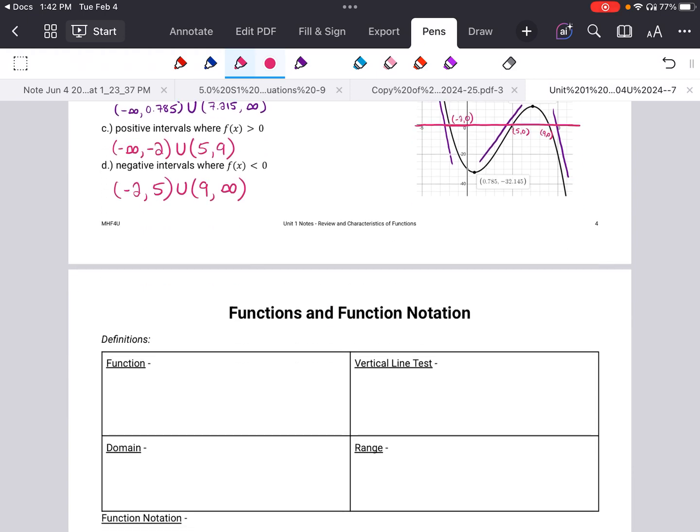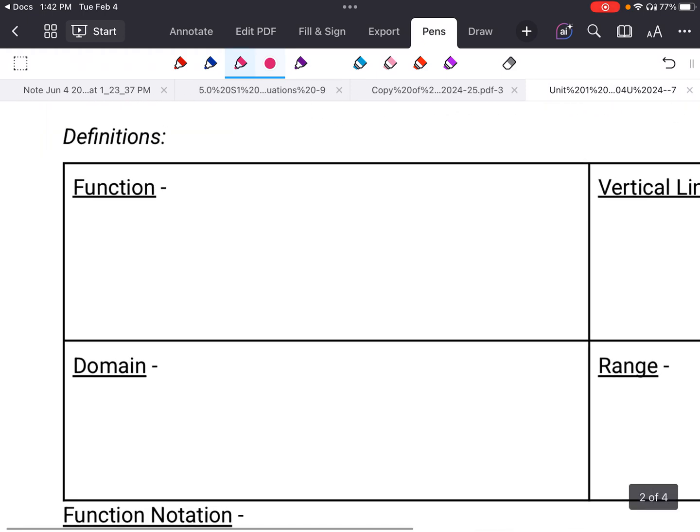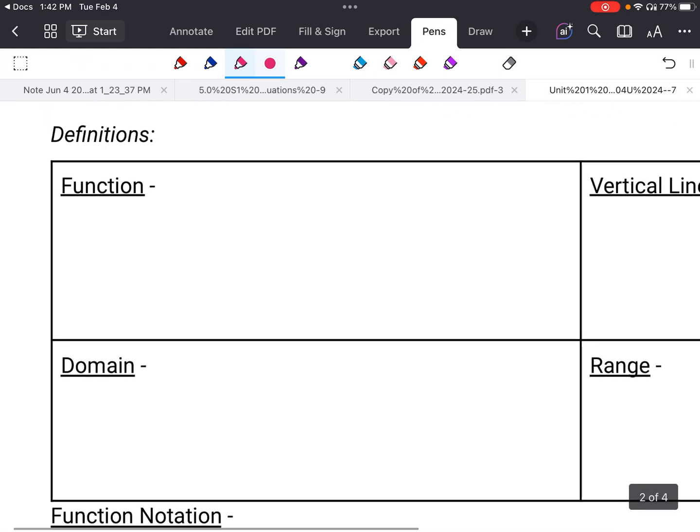Okay, functions and function notation. There's going to be some definitions here.